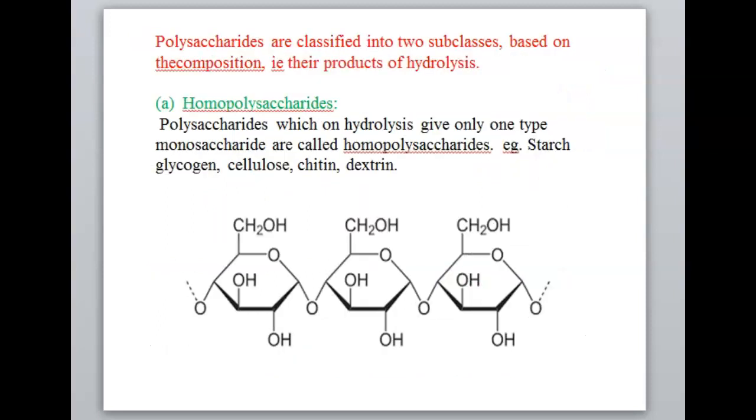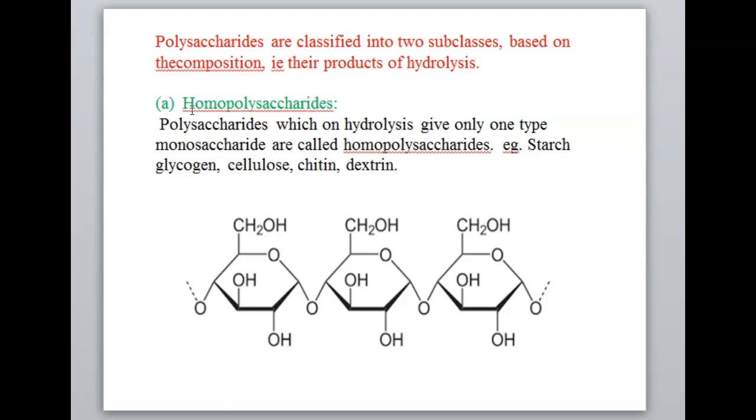Okay. Now these polysaccharides are again classified into two subclasses based on the composition, that is the product of the hydrolysis. First one is the homopolysaccharides. The word indicates what? Homo means same monomeric units are joined together.